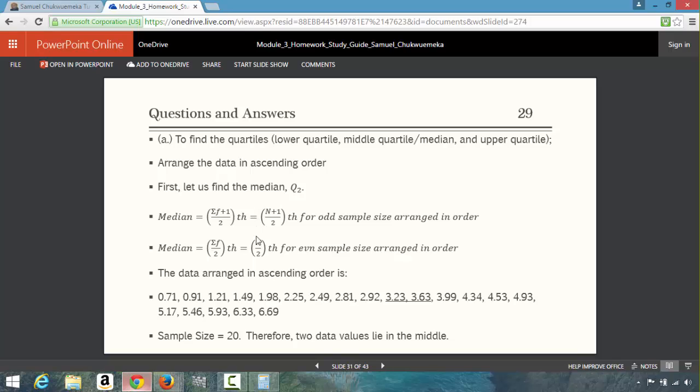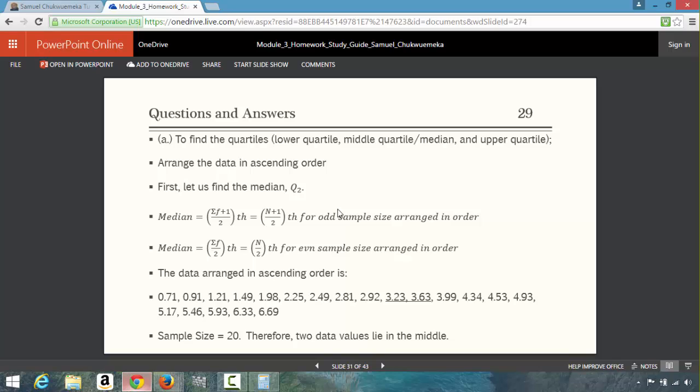And this is the formula for median. I explained this in the prerequisite videos. If you have a sample size of 3, the median is the middle data value, the second one.